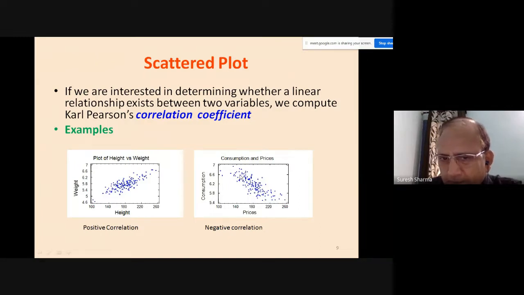If you increase the prices, consumption will decrease. This type of correlation, where one variable is increasing and the other is decreasing, is called a negative correlation. Again, prices are measurable, consumption is measurable, so you can compute Karl-Pearson's correlation coefficient. But the important point is points are along a straight line. If points were along a curve, do not compute Karl-Pearson's correlation coefficient.